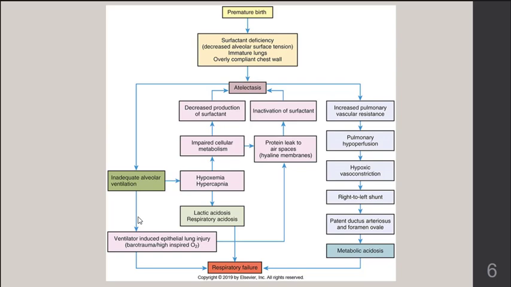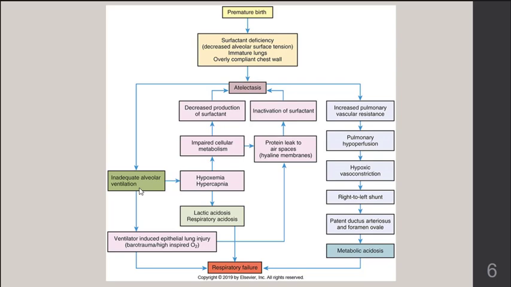But the problem with using a ventilator is that it can actually damage the alveolar epithelium, and that can lead to respiratory failure. But what it can also do is lead to a change in permeability where proteins leak into the alveolar spaces. This can end up leading to inactivation of surfactant that was there originally, which can further lead to atelectasis.